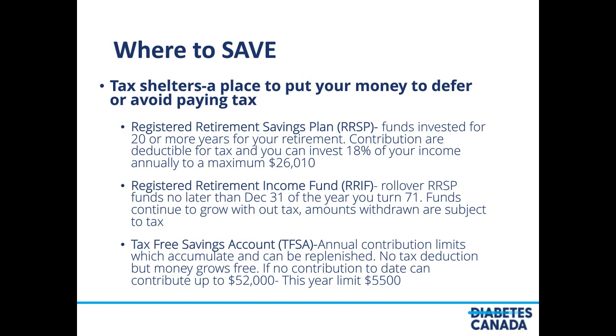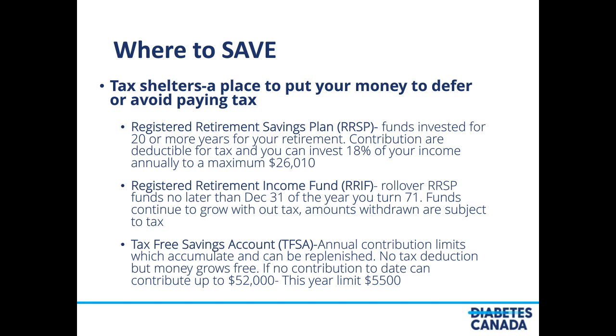Now remember that if you have been contributing on an annual basis, there is an annual maximum, and the 2017 maximum is $5,500. The other good thing about a tax-free savings account is that it is the best source for managing your medical expenses if need be, because you can withdraw money from your tax-free savings account and you can replenish it the following year when funds become available to you.